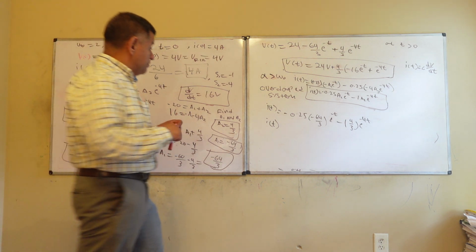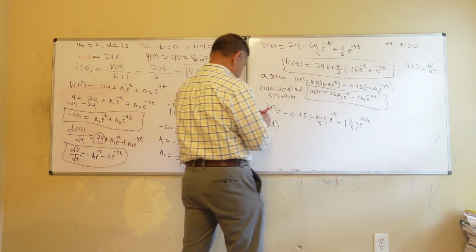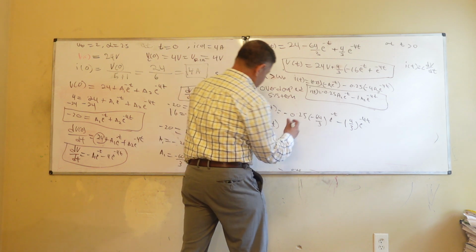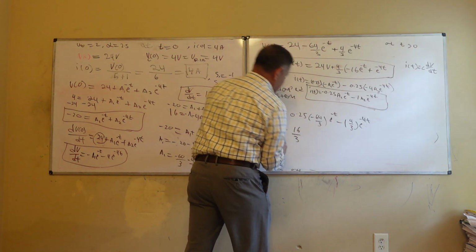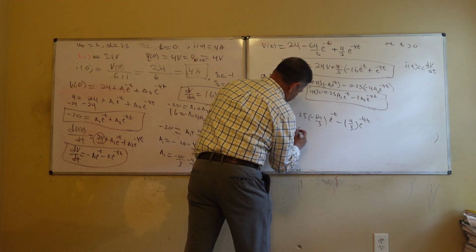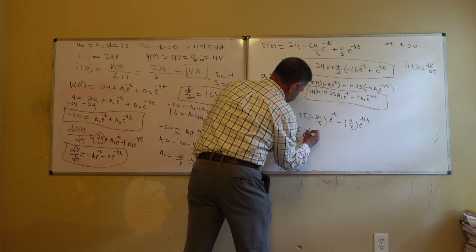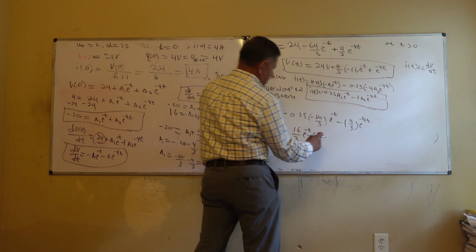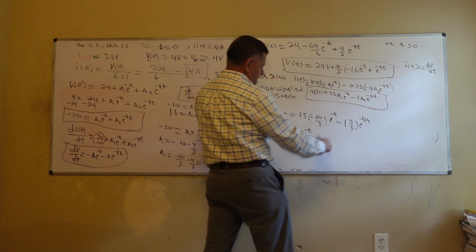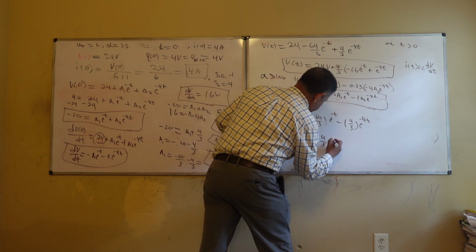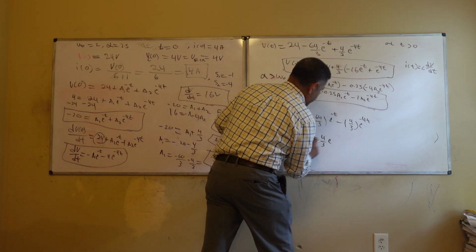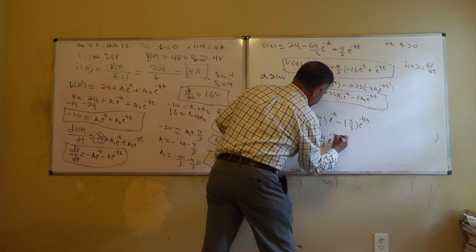So it's going to be equal to positive 16 on top. So it's going to be 16 over 3, right? And then e to the t, right? And then right here, I got 4 thirds e to the negative 4t.